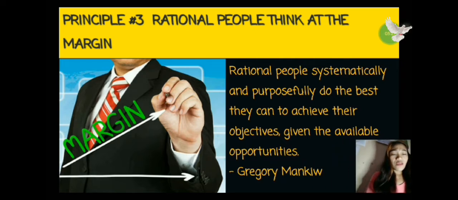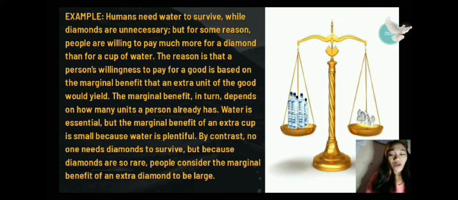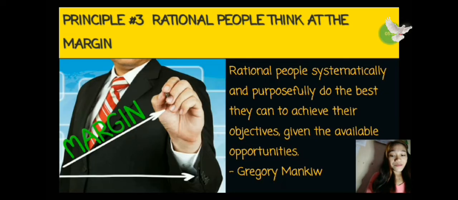So, what does making rational decisions at the margin mean? Thinking at the margin means considering how much you value an addition of something. Economists use the term marginal changes to describe small incremental adjustments to an existing plan of action.